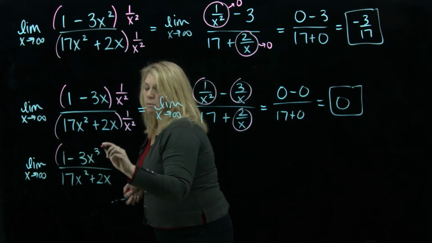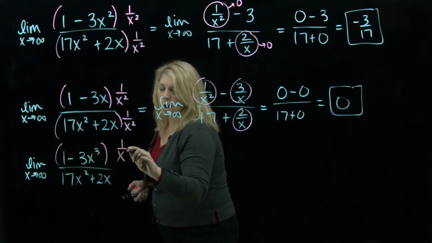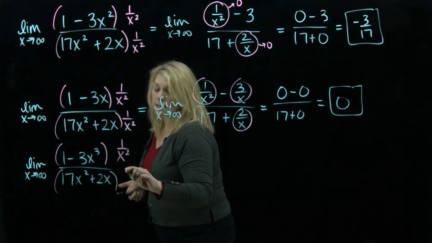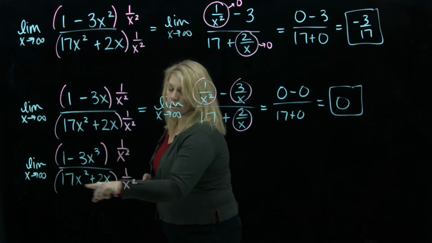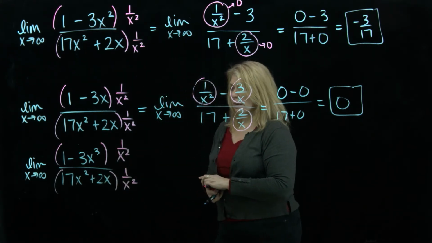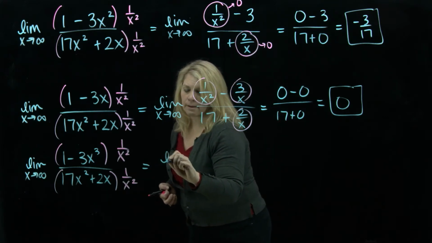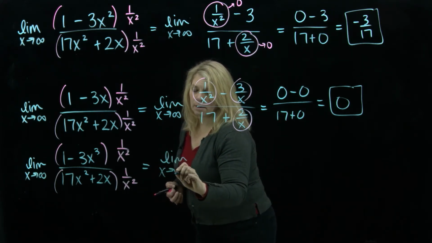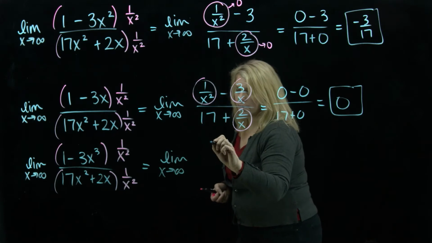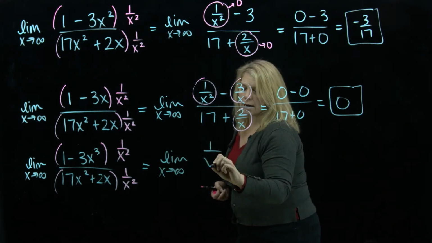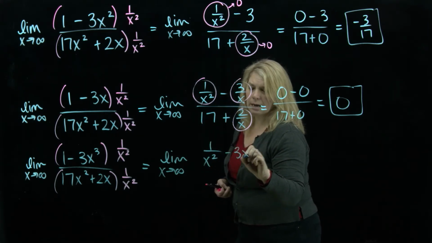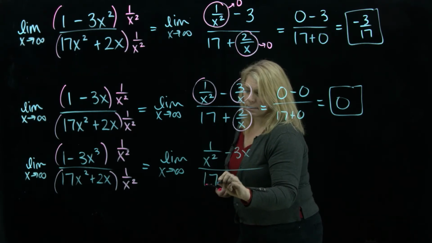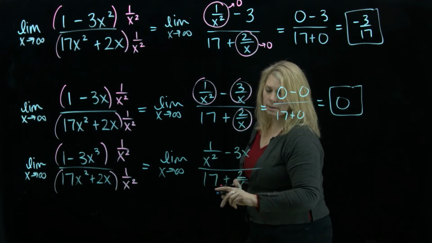So again, I'm going to multiply through by 1 over x squared. You're using the highest power on the denominator to decide what to multiply through by. We will end up with 1 over x squared minus 3x over 17 plus 2 over x.